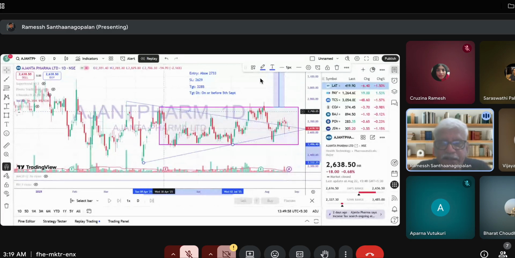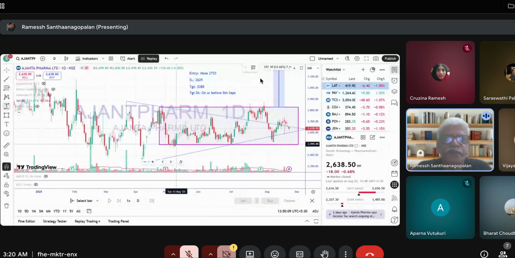But in this pattern, you know very well that your profits are going to be more. For example, you have entered here, okay, it went up to this level only because you used only the candlestick pattern. You made 4%.